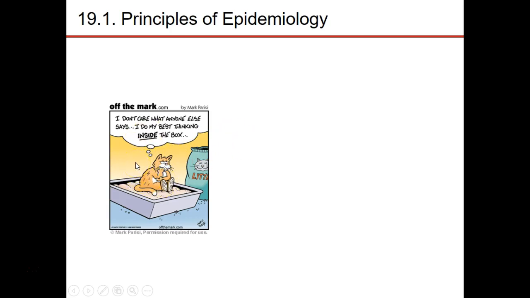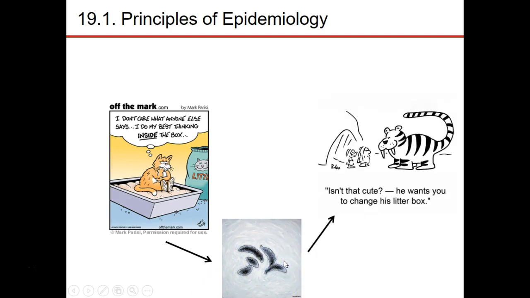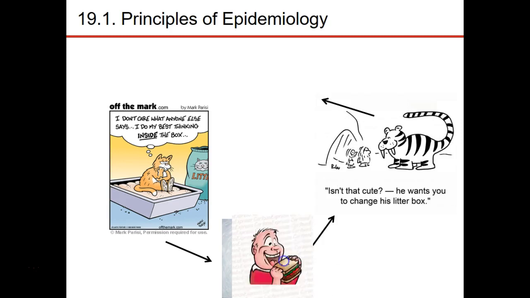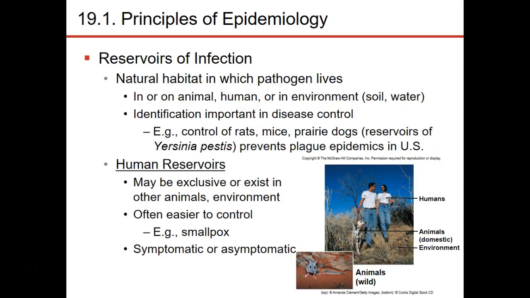And then someone has to clean that litter box. Within the fecal matter are these little protozoans that cause the disease. And if you don't wash your hands after cleaning the kitty box, and instead you go and make yourself a sandwich, now you're probably going to get some of these protozoans in your body, and that can cause the disease.